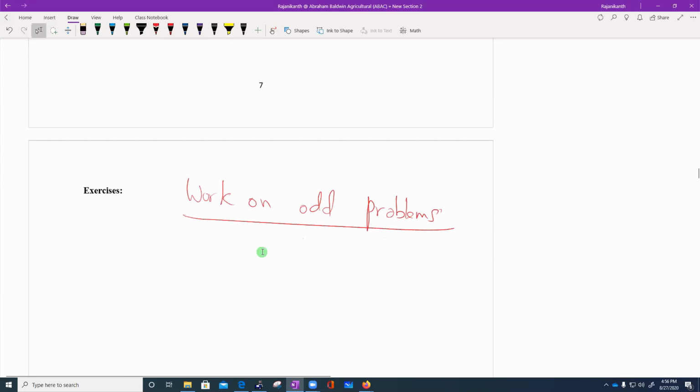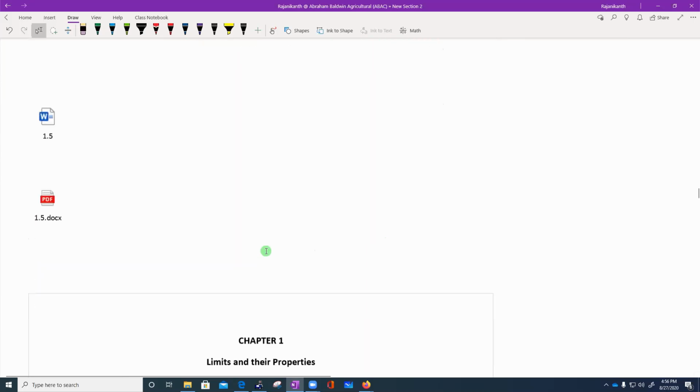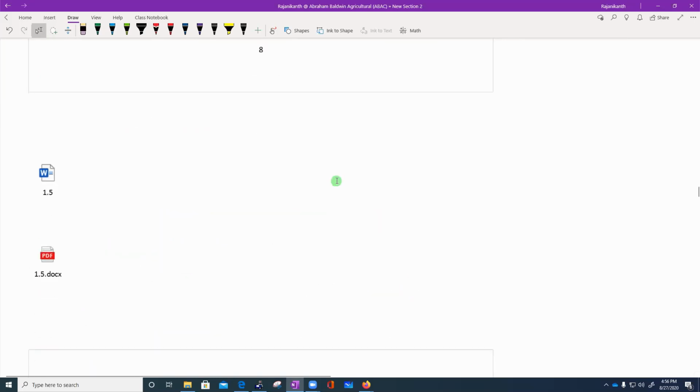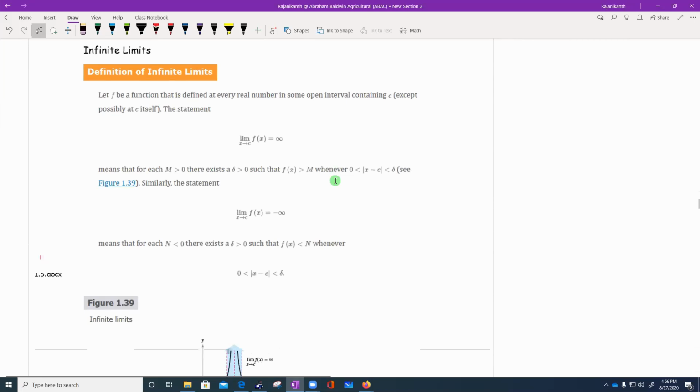Okay. So let me go very quickly through 1.5, then we will do some problems. 1.5 is nothing but finding the limit that is infinite, right? So your answer is always infinity. Infinity means a very big number, right? So remember in the previous section, we were finding limits which are real values, right?